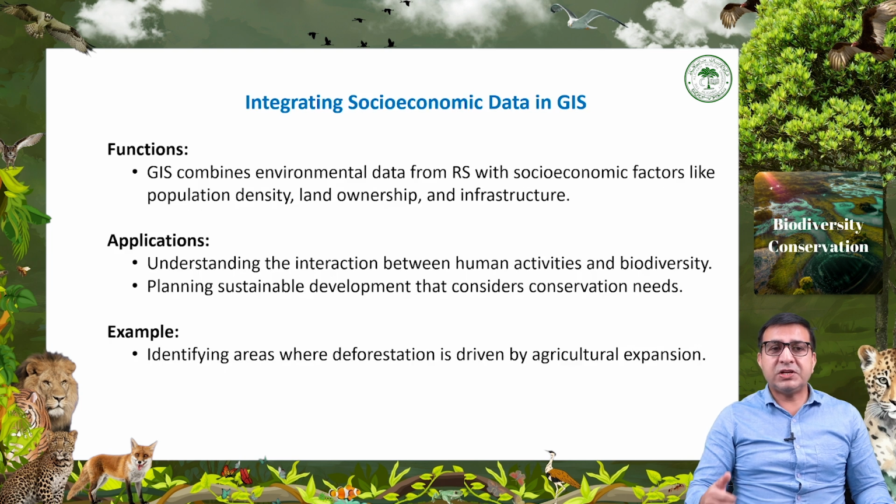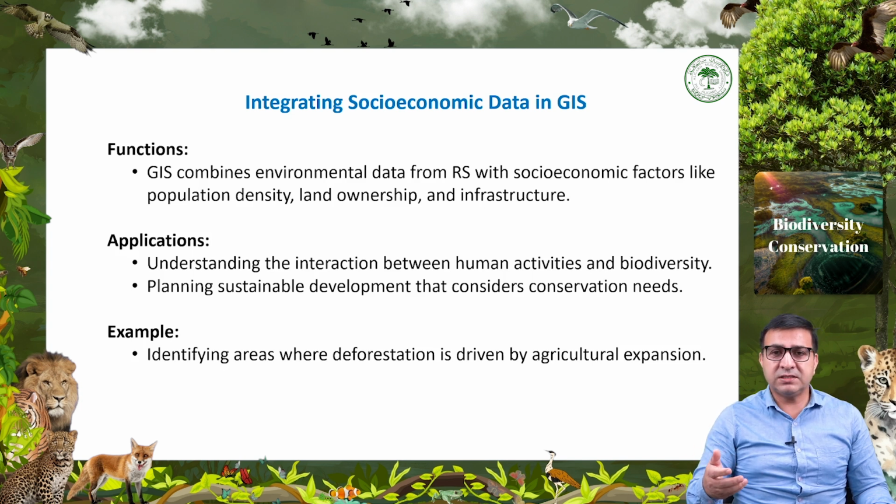Another application is integrating socioeconomic data in GIS. GIS can integrate environmental data from RS with socioeconomic data such as population density, land ownership and infrastructure to better understand how human activities affect biodiversity. This integrated approach helps conservationists balance development needs with biodiversity conservation.